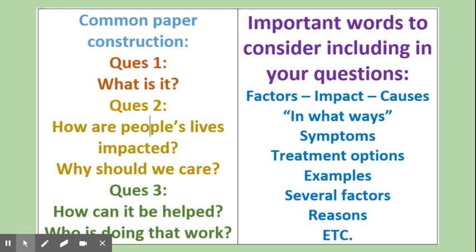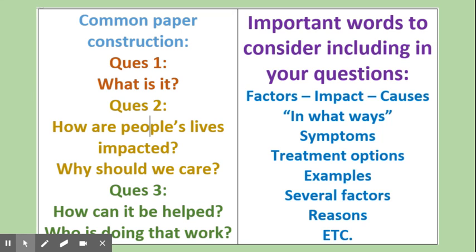Here is a list of some terms that will help you to make sure that you have an open question. If you insert some of these terms into your questions, you will more likely end up with an open question. So using words like factors, impact, causes, in what way. For some of the topics, symptoms, treatment options. Those might be appropriate.